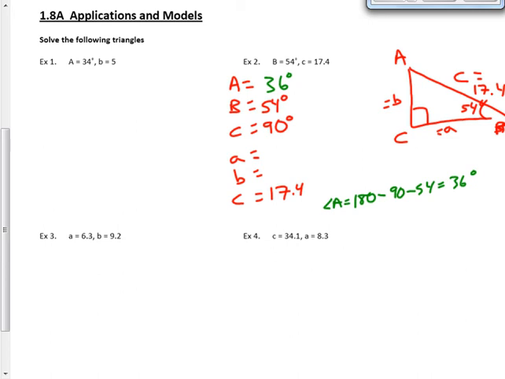In this problem I have one angle, the 54, and so ultimately again it doesn't matter which trig function you use. I'm going to use sine of 54. Sine of 54 is the opposite, which is B, over the hypotenuse, which is 17.4. Multiply by 17.4 on both sides.